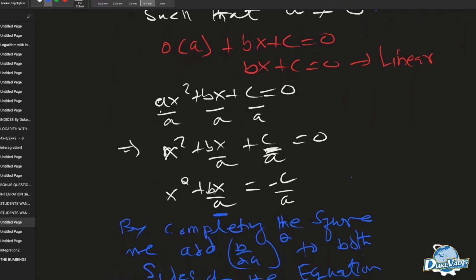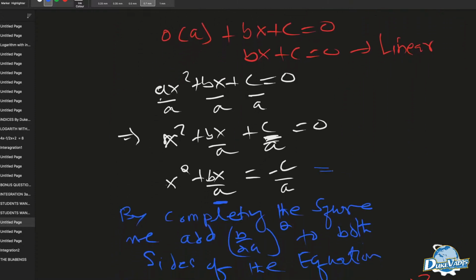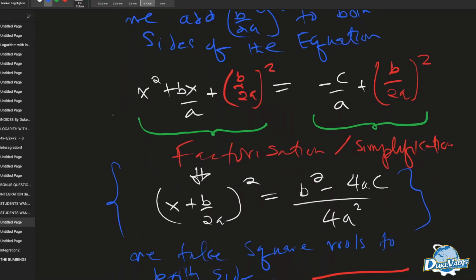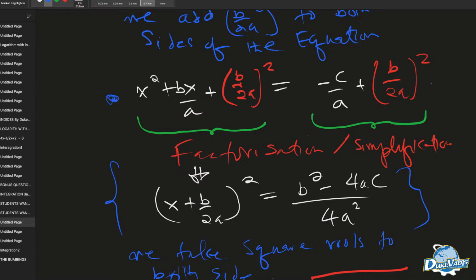Then we did that, we got to this point, and we say by completing the square of the equation, we take the b over a, and we square it to both sides of the equation. Then we go to this point here, and as demarcated in red, we added b over 2a squared to both sides of the equation.